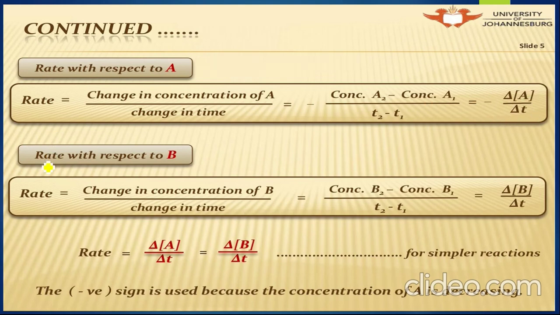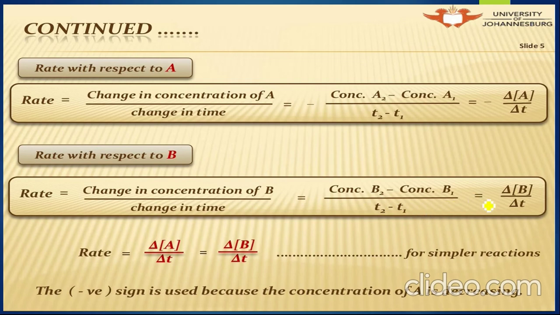And then here, with respect to product B, the rate is equal to the change in concentration of B over the change in time. We have the final concentration of B, which is B2, minus the initial concentration of B, which is B1, over the final time minus the initial time.